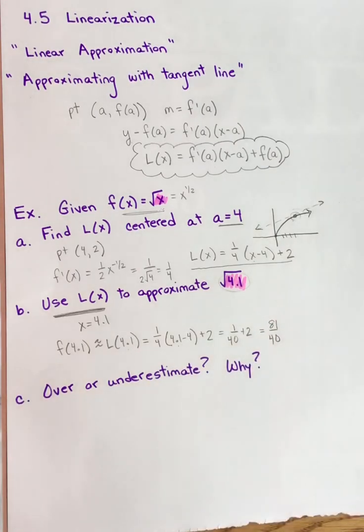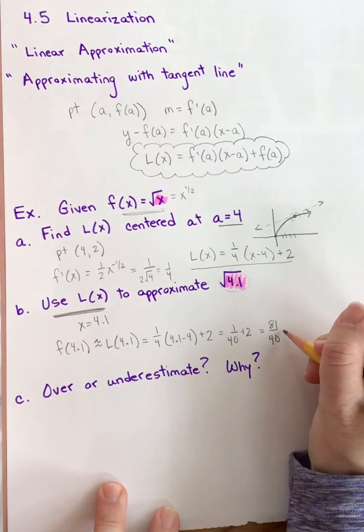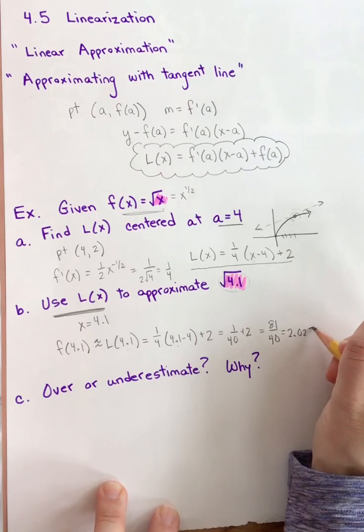Now, just for kicks and giggles, and this is where the real fun in this whole activity happens, let's see how close we are. If you were watching this on a board, you would be mind blown right now. I'm sorry that I can't do that for you. So 81/40 is going to be 2.025.